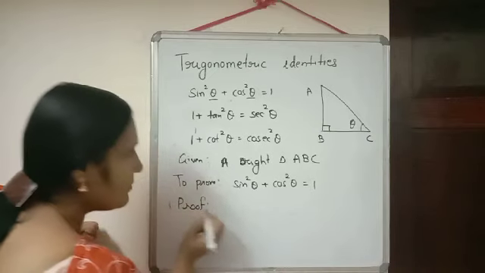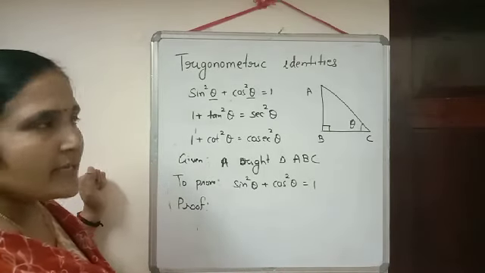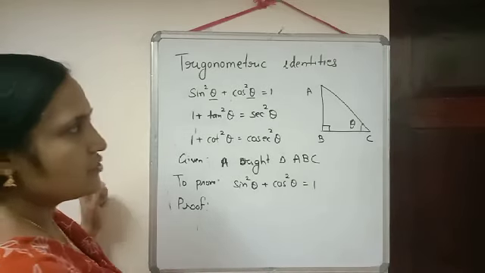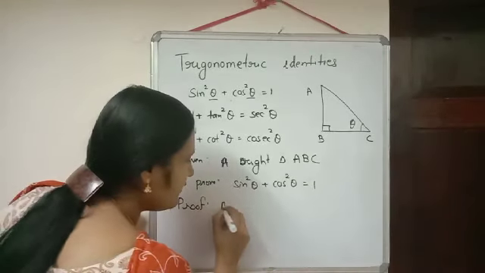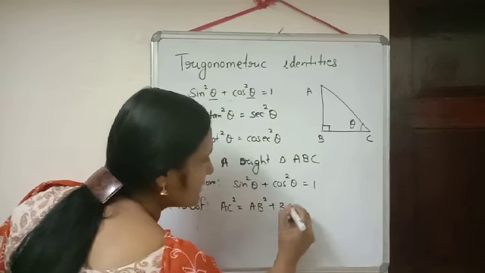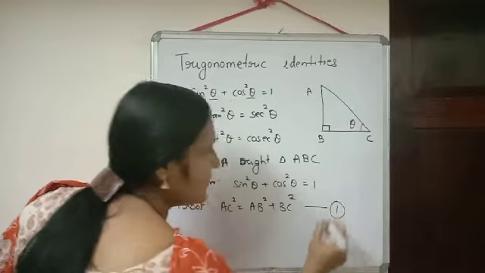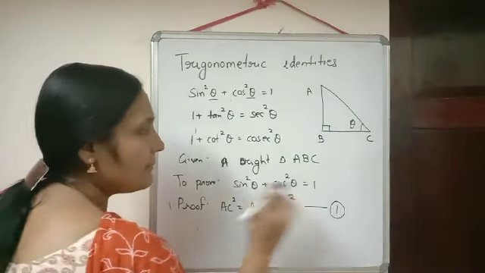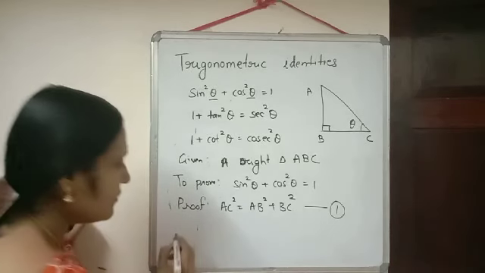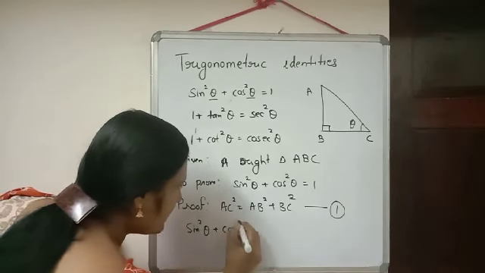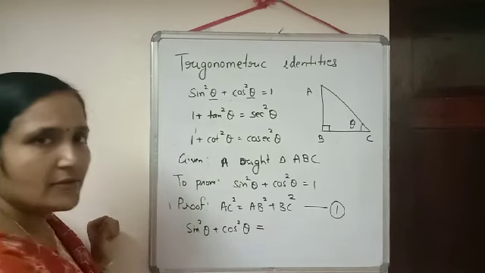Now we will start the proof. As I already said, it is a right triangle, so we can use Pythagoras theorem. By Pythagoras theorem, AC square is equal to AB square plus BC square. Make it equation number 1. Now we write sin square theta plus cos square theta is equal to.